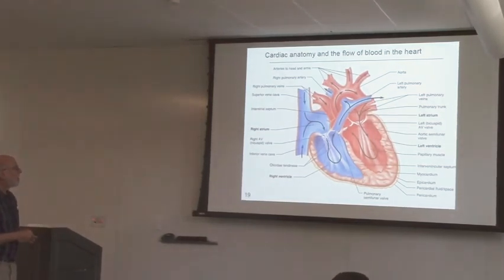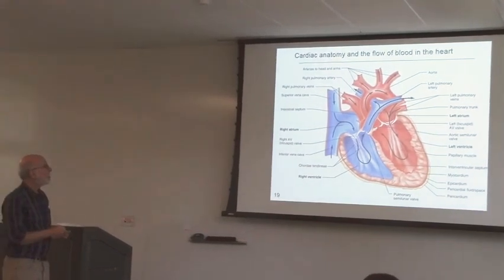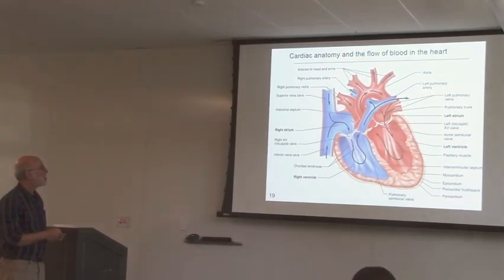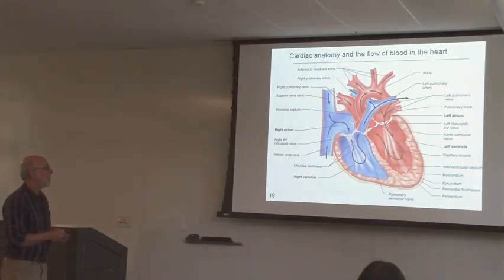On the right side, okay, so let's follow blood flow. From the lungs, left atrium, left bicuspid valve, left ventricle, and then when the left ventricle contracts, it pumps the blood out into the aorta through the aortic semilunar valve.